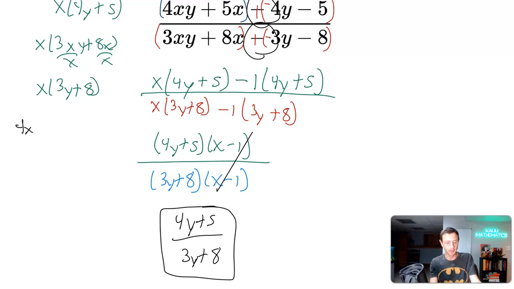Another way to think about that one, which some people disagree with, but I have seen this done before. When you group like this, where you're just putting that minus sign inside the parentheses, the problem is some people disagree with this because now it looks like you've made it a multiplication question, like 4xy plus 5x times negative 4y minus 5.